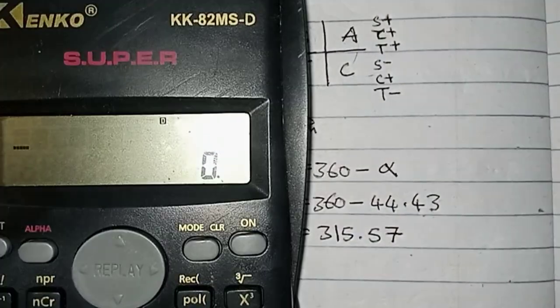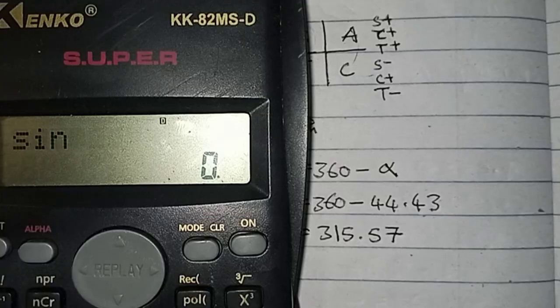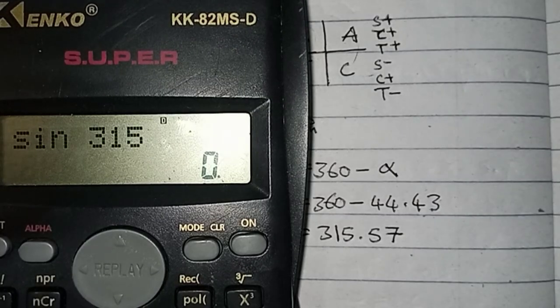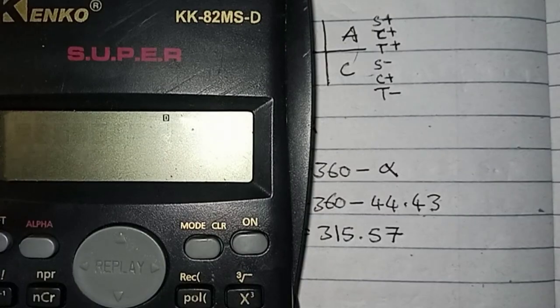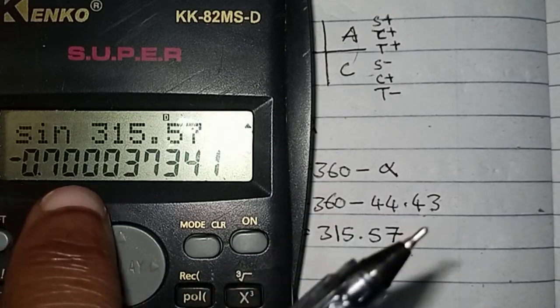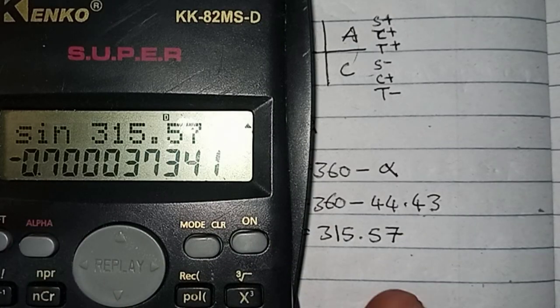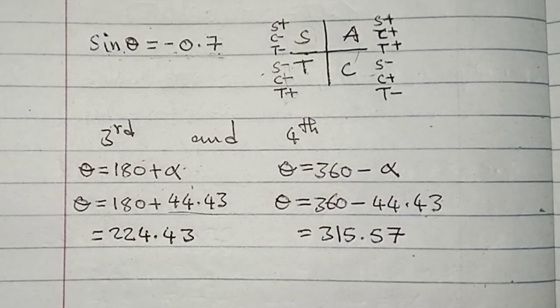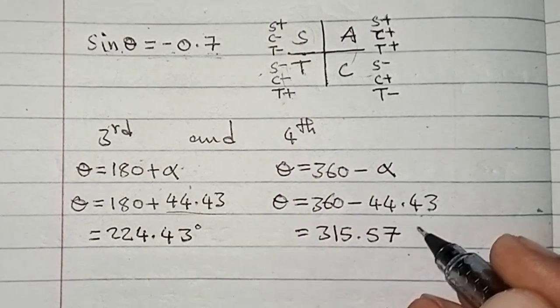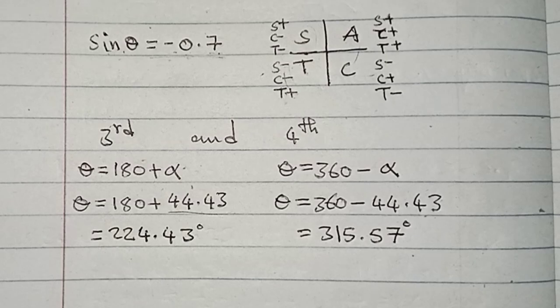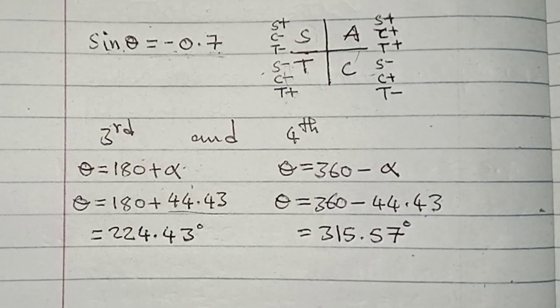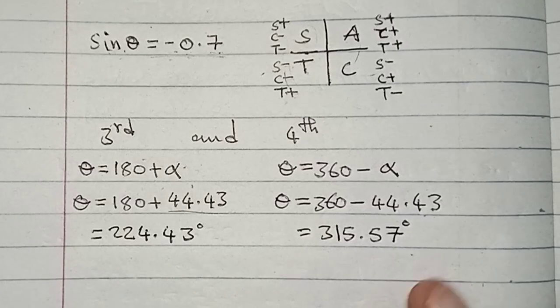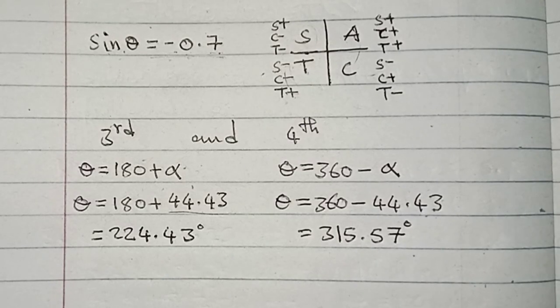So we have sine 315.57, negative 0.7. So it means that our solution is correct. These are the two angles that we have. They are between 0 degrees and 360 degrees. So these are our answers.